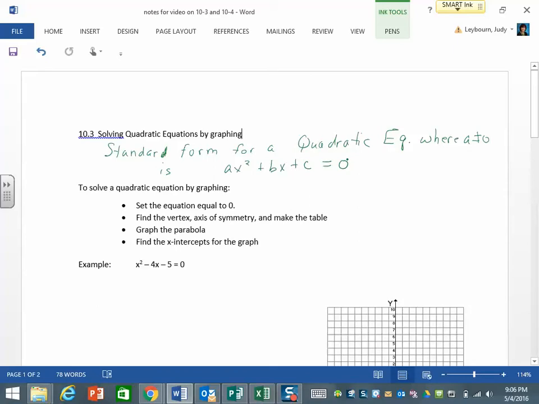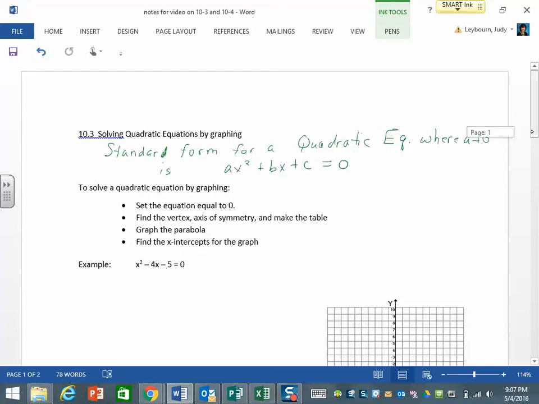So to solve a quadratic equation by graphing, we want to first make sure the equation is equal to 0. We're going to find the vertex, the axis of symmetry, and make our table. Then we're going to graph the parabola, and then find the x-intercepts of the graph.